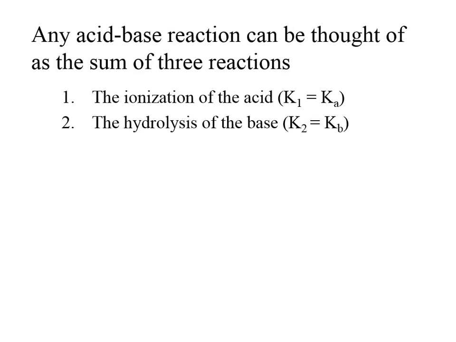That's the hydrolysis by the base. And then the H plus that was released from your acid connects up with the OH minus that was released by your base, and it makes water. Protonation of OH minus to make water.